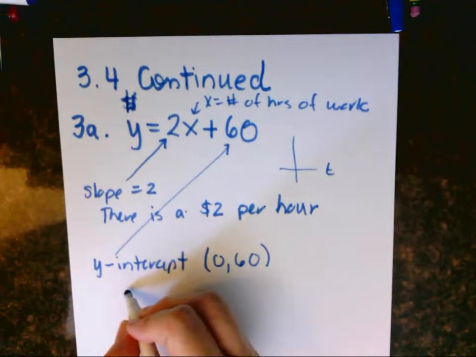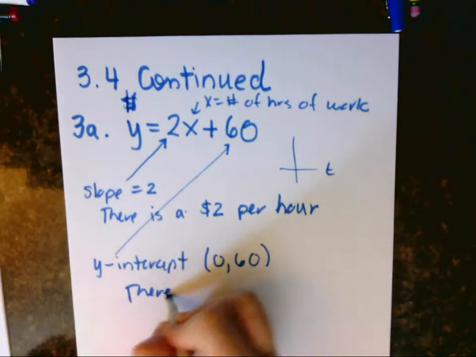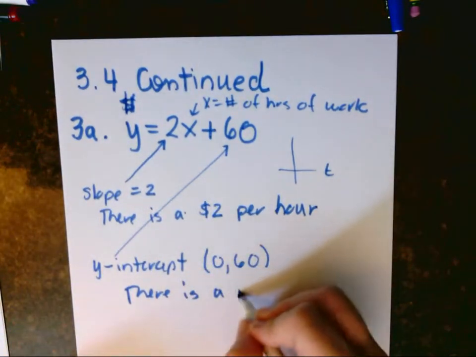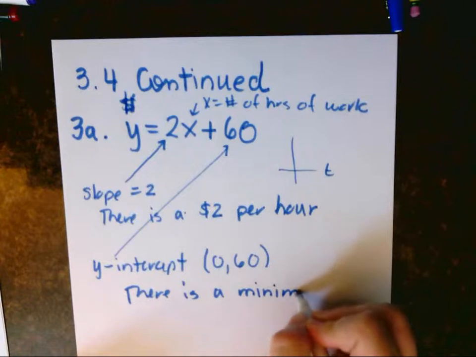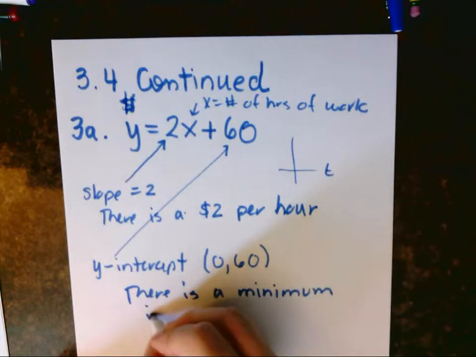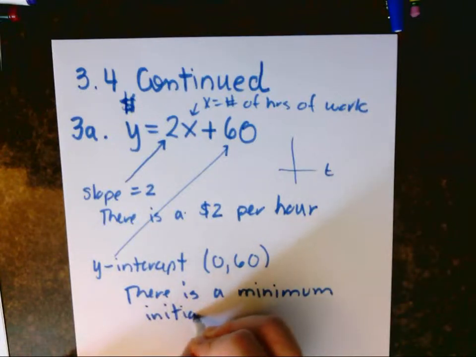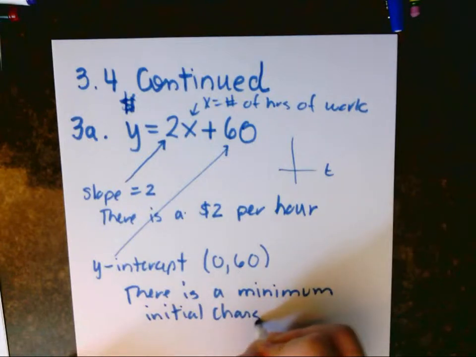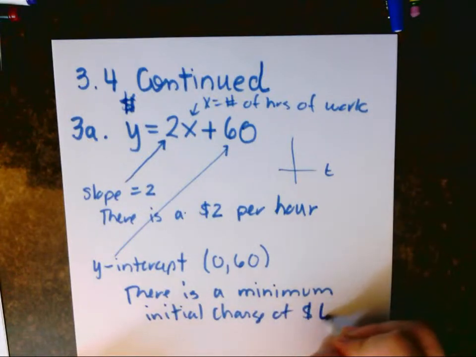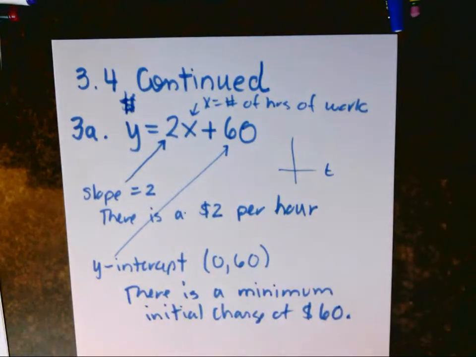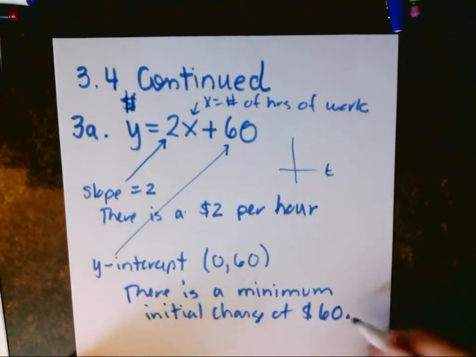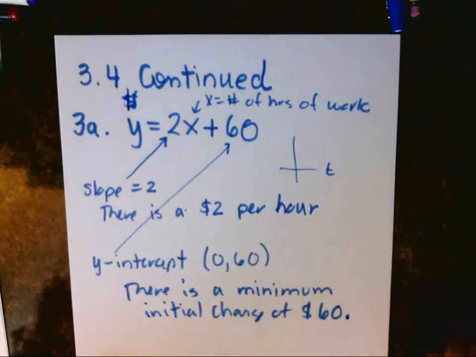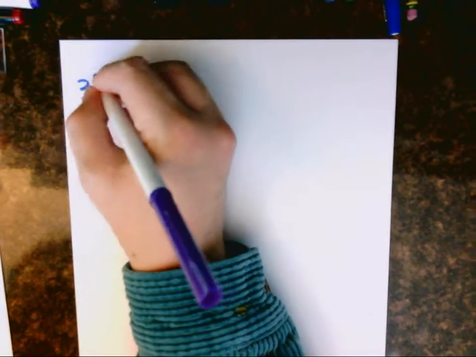So that means there is a minimum initial charge, right, of $60. That's a flat charge. You pay $60 if they bring out the help. Then you pay $2 an hour after that. Okay, so that is how this works. And we'll move on to 3B.